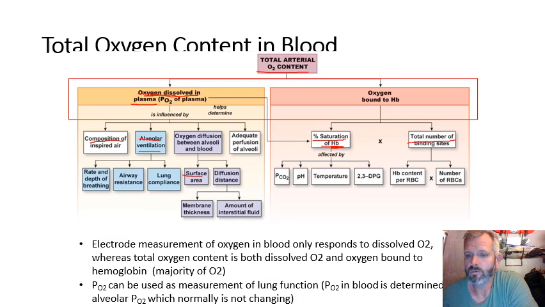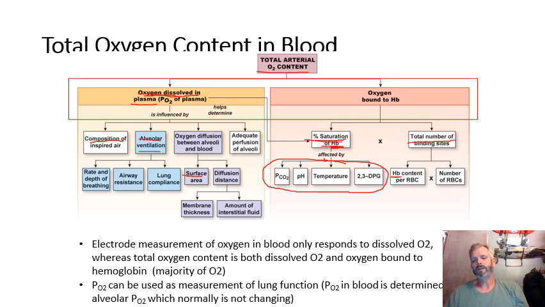If we have more red blood cells, or more hemoglobin per red blood cell, we're going to be able to bind more oxygen to hemoglobin. We're going to look at some factors that affect the saturation also, besides the oxygen dissolved in the plasma. The factors that affect oxygen dissolved in plasma, we're going to see there are these factors here that help control the saturation of O2.